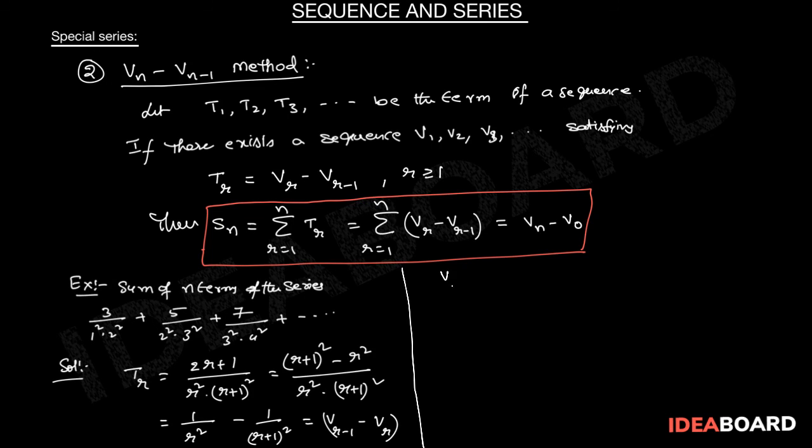Here Vr equal to 1 by (r plus 1) whole square.